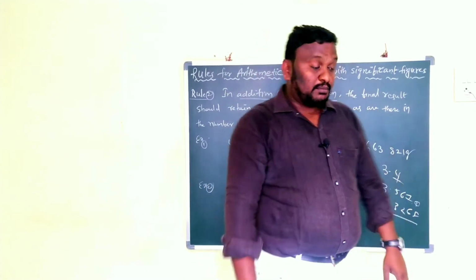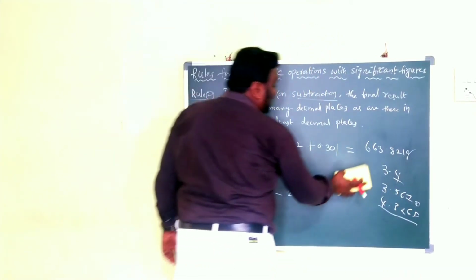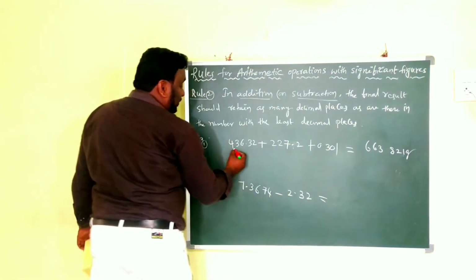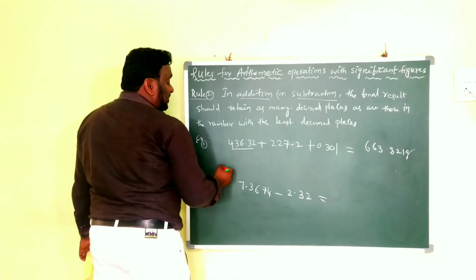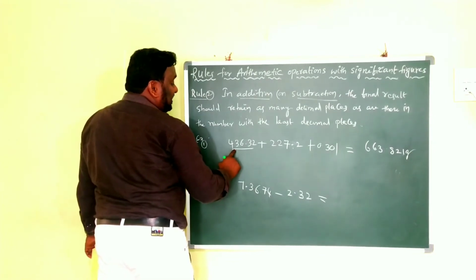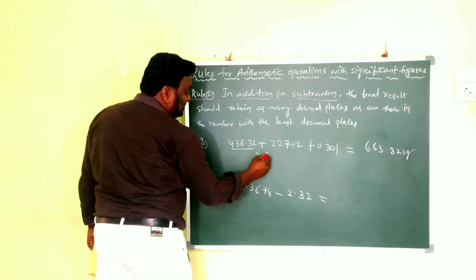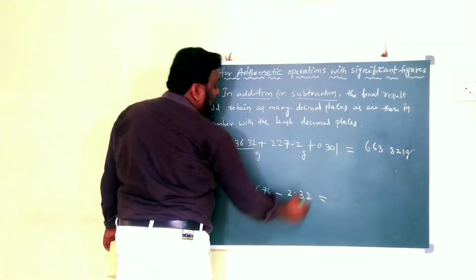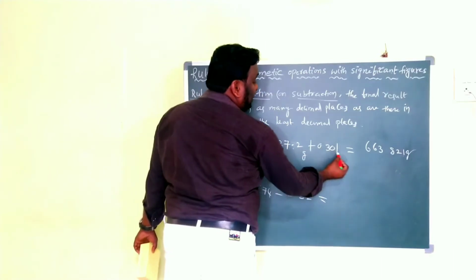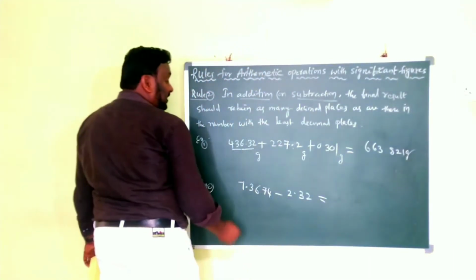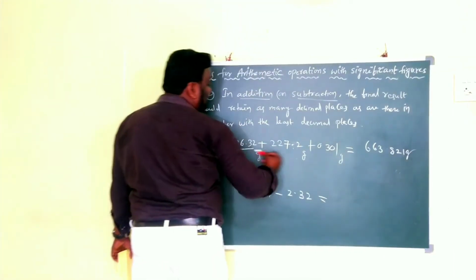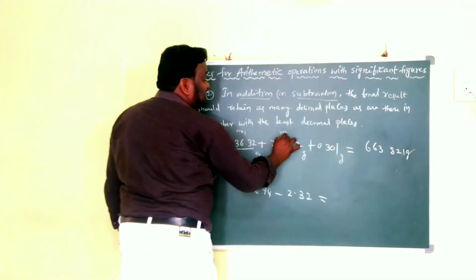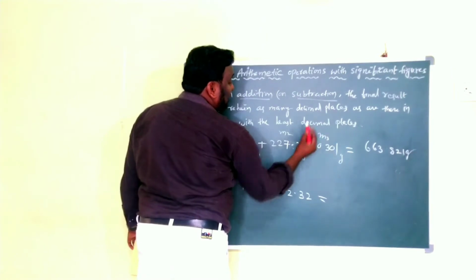Here on the board one example is there, and you will get a very clear idea. This is your textbook example: 436.32 grams plus 227.2 grams plus 0.301 grams. Grams means all are masses: this is mass M1, M2, and M3.